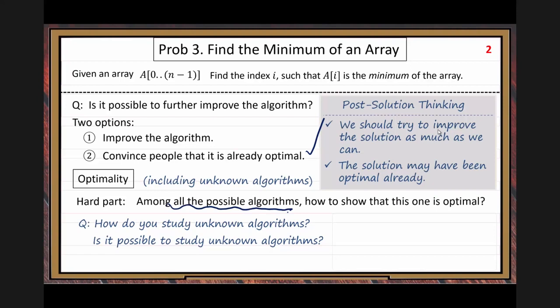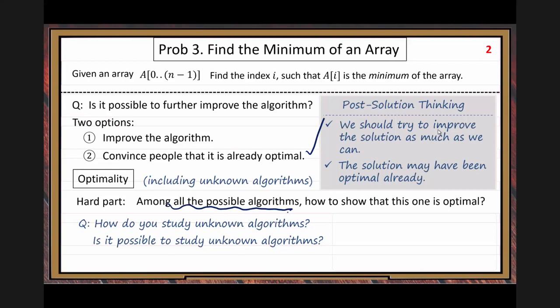Use your own logic. Is it possible to study unknown algorithms for general people? Not just you, but for the whole mankind, for everyone on earth.